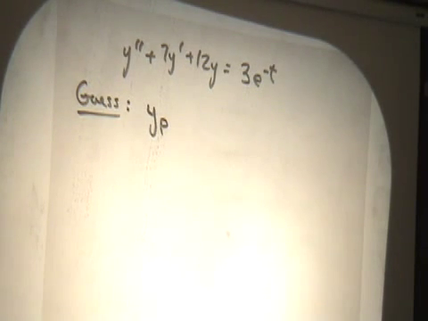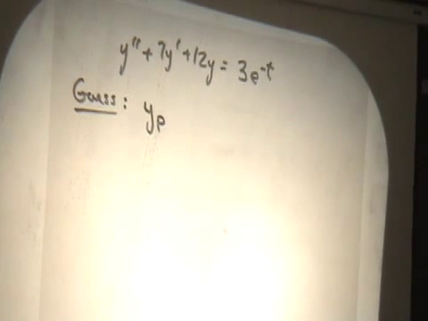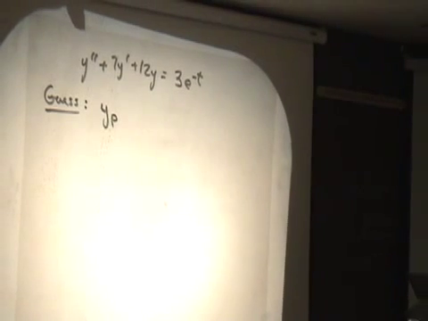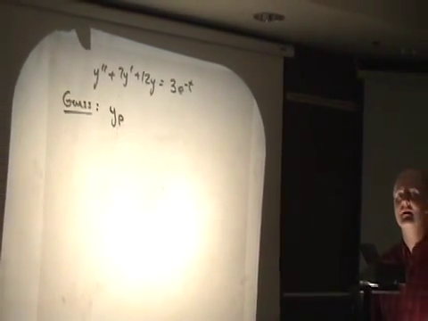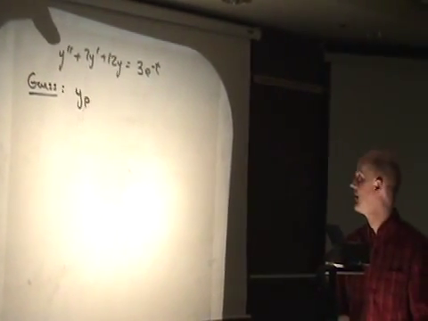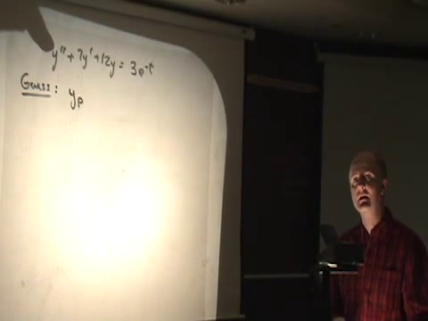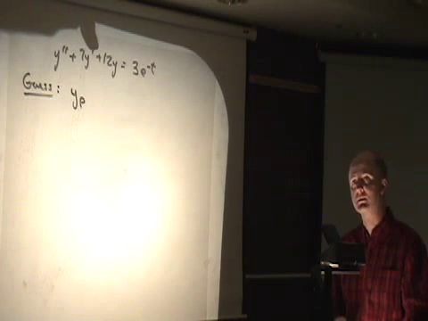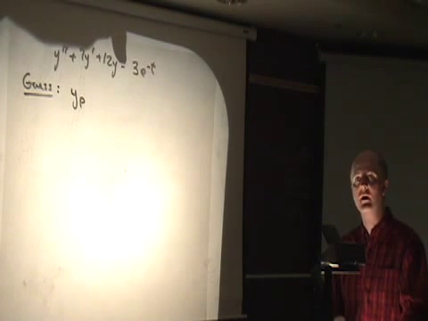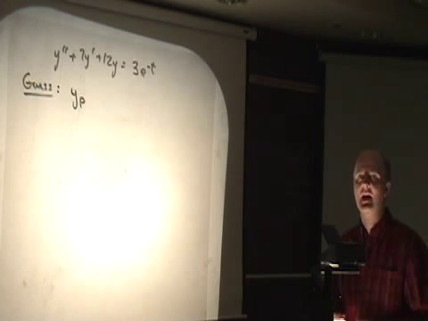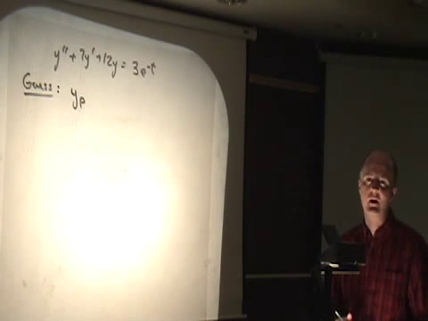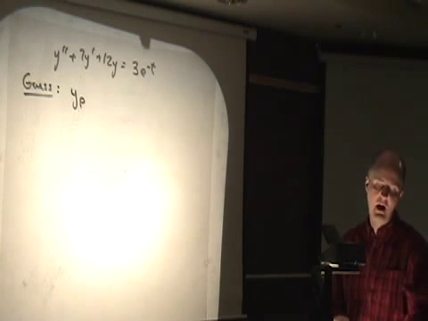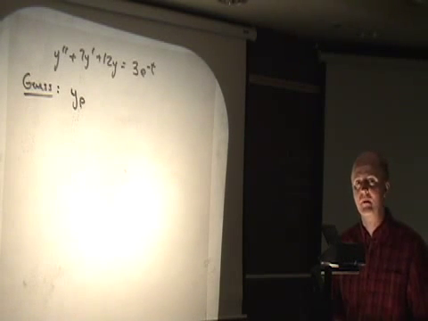You can use some calculus common sense here. Your guess is going to be plugged in on the left-hand side. In a sense, this left-hand side is like a linear operator. It's telling you, take your guess, find its second derivative, add 7 times its first derivative, then add 12 times the function. You're looking for a guess such that when you plug it into that linear operator, out pops the right-hand side.